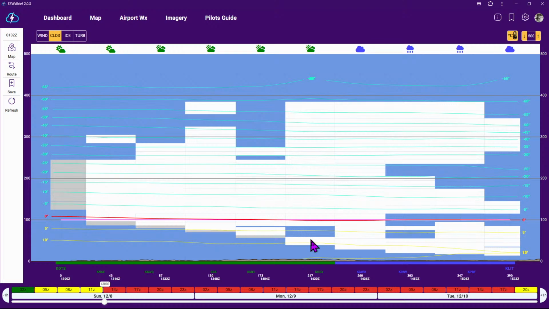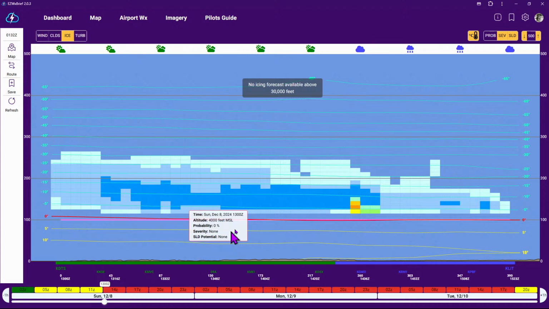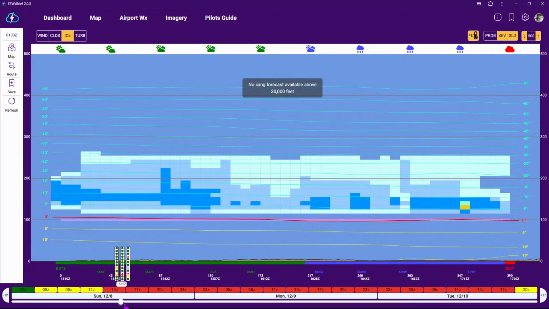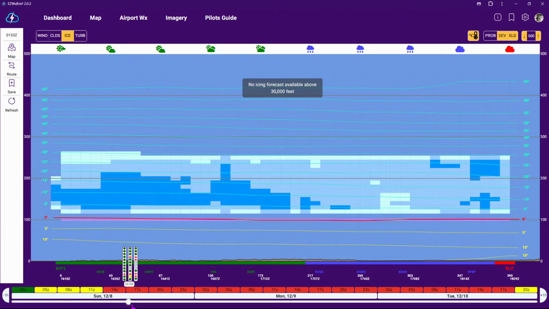So again, we don't want to be in a situation where we're above that area because we're likely to pick up some ice. And you can even see here, I've got the SLD turned on, and you can see that we have a pretty good chance of even some SLD showing up in that region, which gives us another indication that we've got a fairly significant area of icing potential above about 10,000 feet.